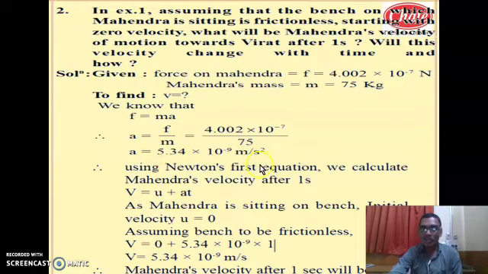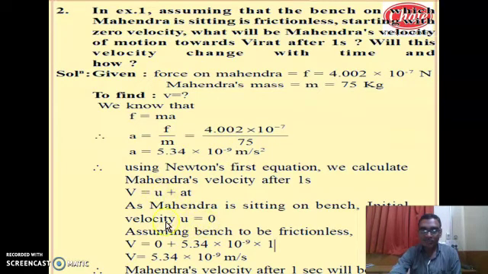This is a very small value of acceleration. Now from this acceleration we have to calculate the velocity. Using Newton's first equation of motion, what is Mahendra's velocity after 1 second? V equal to U plus AT. Starting from rest means U equal to 0.